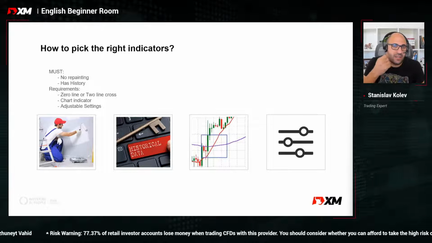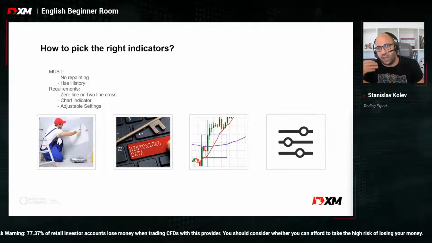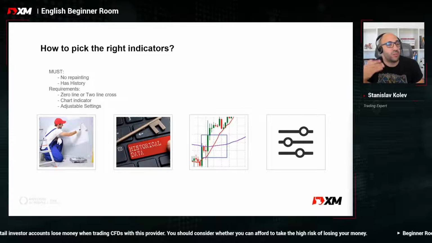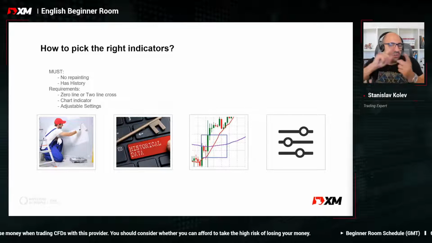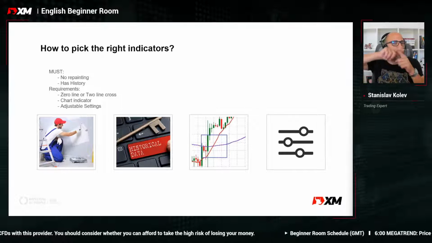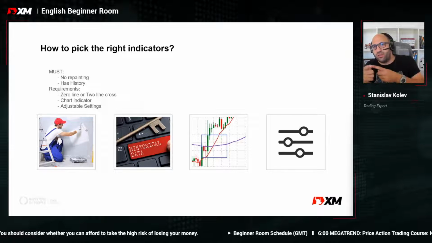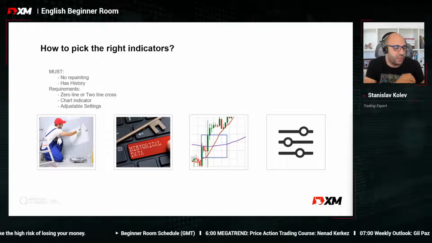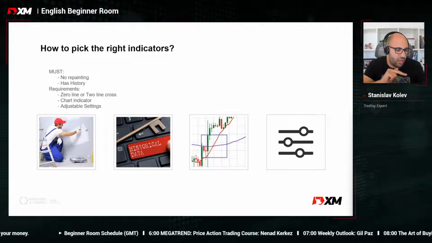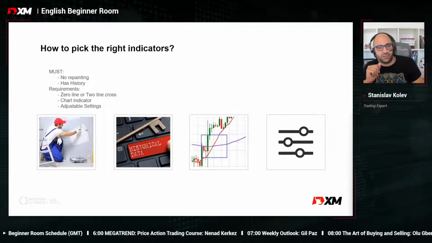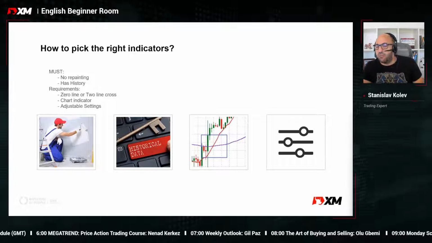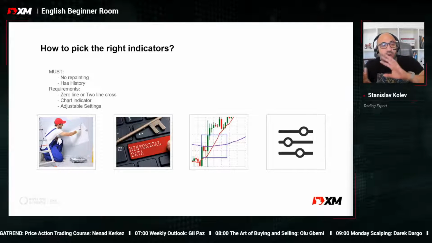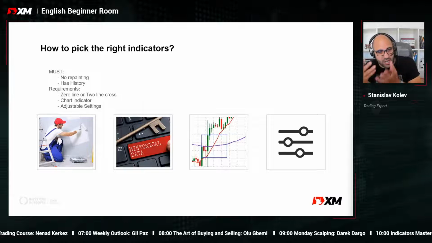There are some indicators that are not really giving you an opportunity for yes or no, but when you have a zero line cross or two line cross, let's say two moving average crossover, or an indicator below the chart, in the indicator window, let's say Williams Percent Range, or just any visualization changing.